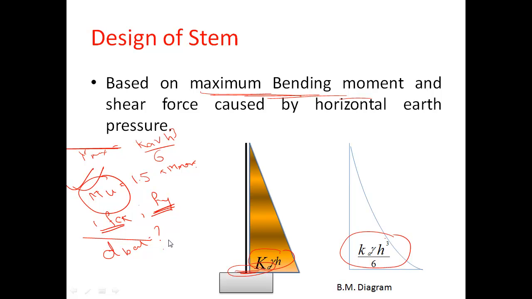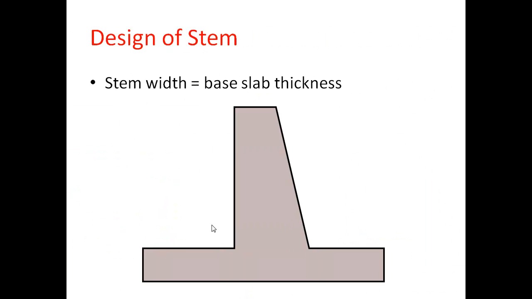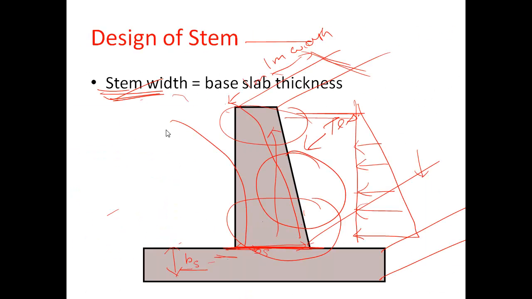If the stem width we initially take is the overall depth, the overall depth is the summation of effective depth plus clear cover plus half of the reinforcement diameter. As we know, this is a beam, and these are the reinforcement.